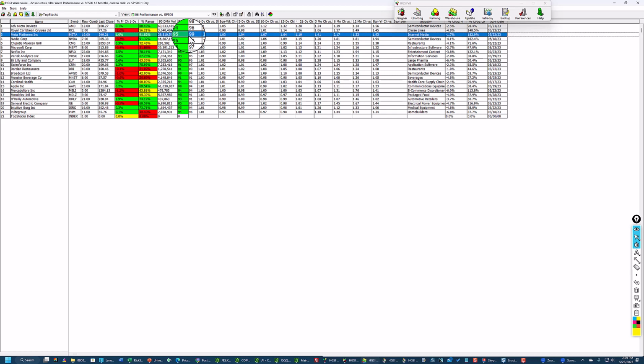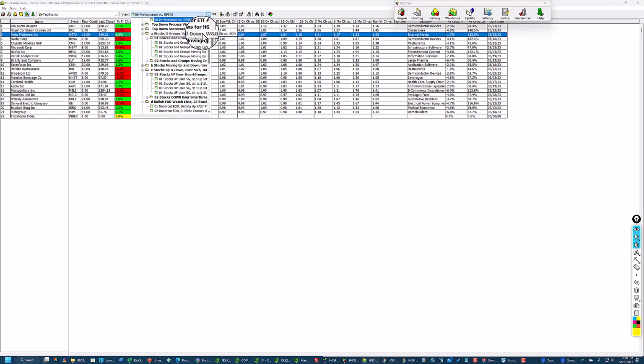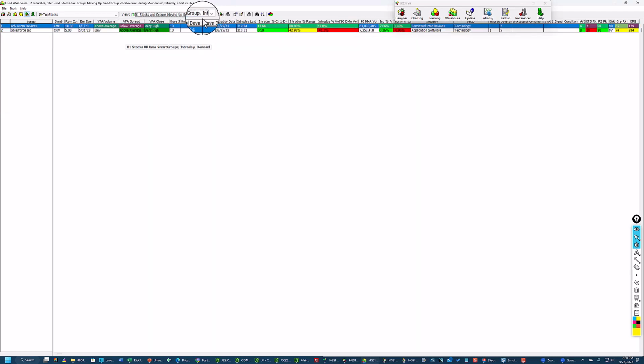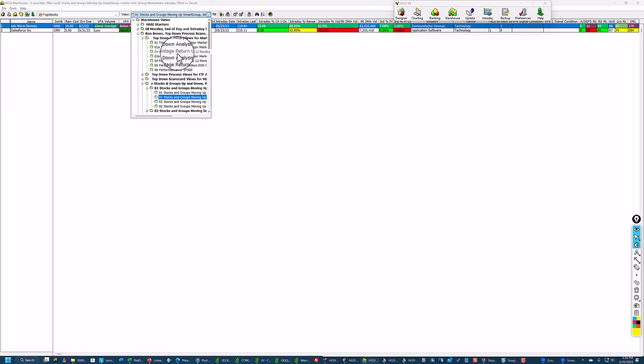So if you were to use this filter and just look at these stocks every day and look for, let's go up here.